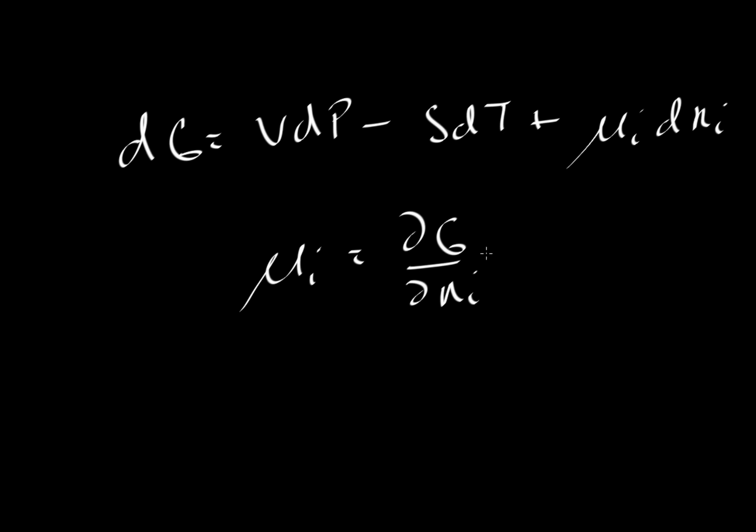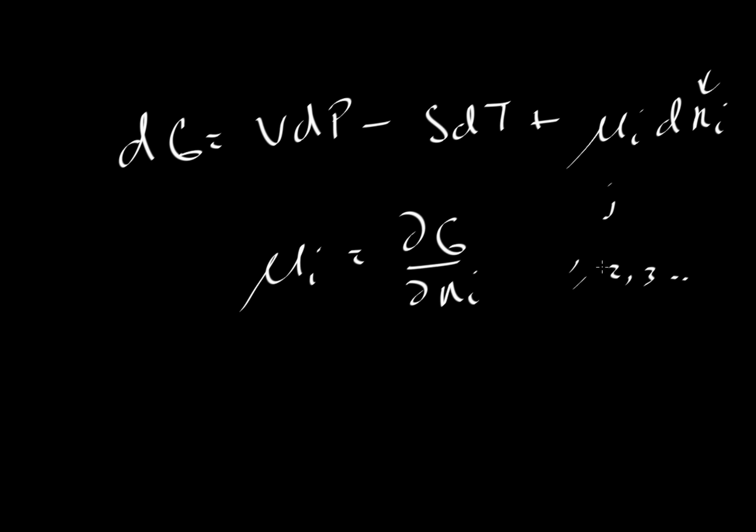Now, what if i is not the only thing that can vary? What if there are other moles of substances, a countable number of moles of, let's say, a j or a k, et cetera? Or we could just number them, components 1, 2, 3, et cetera.